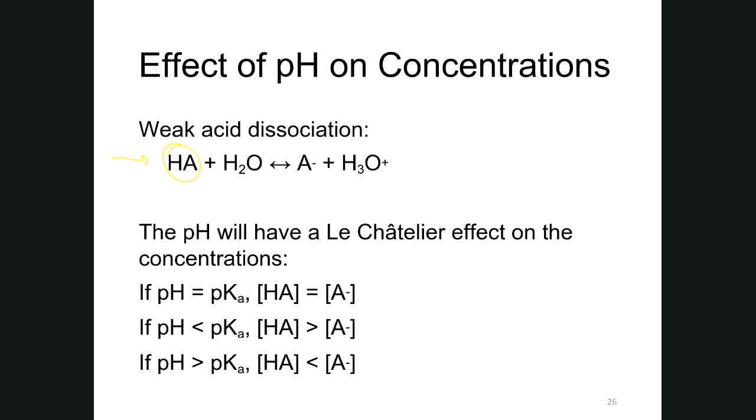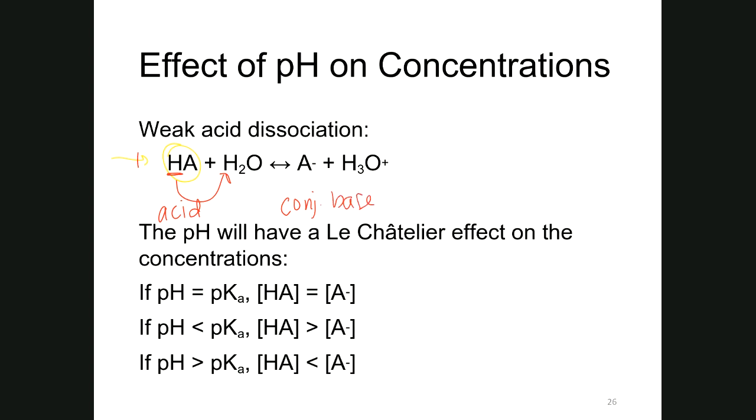We're going to see our hydrogen leave from the acid and go to the water. So now our water becomes hydronium, and our HA becomes just whatever the anion was. What we can see here is that our pH will affect how much of each conjugate we have. So recall, HA is our acid, which makes A minus our conjugate base.